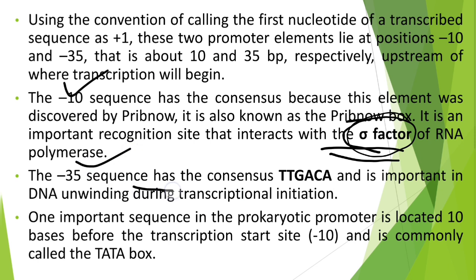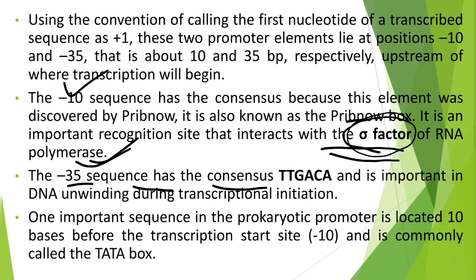The -35 sequence has the consensus TTGACA, and it is very important for DNA unwinding during transcriptional initiation. So this -35 sequence upstream of the transcription site is required for unwinding of DNA, which is TTGACA.